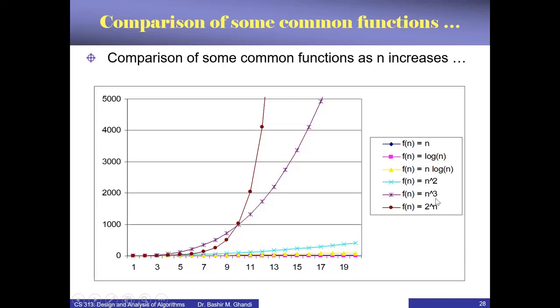And then it keeps coming down. So the best algorithm you can have actually is the constant one. It's independent of the input. Then the one like log n, then n log n, and so on and so forth. This is the idea.